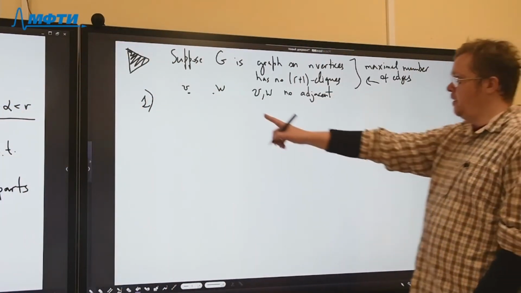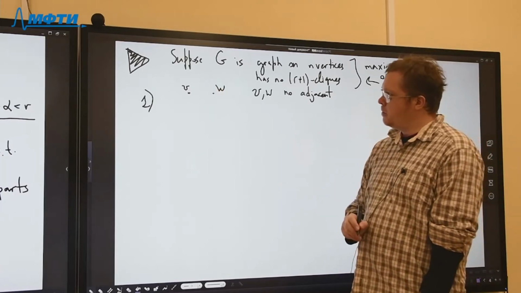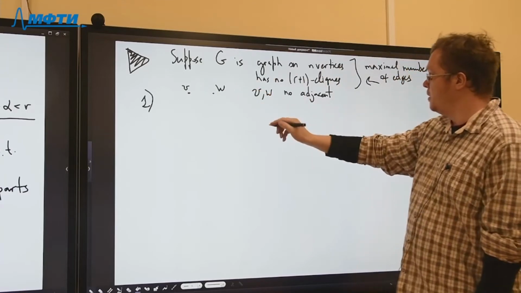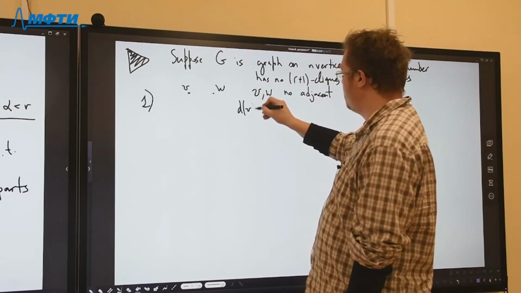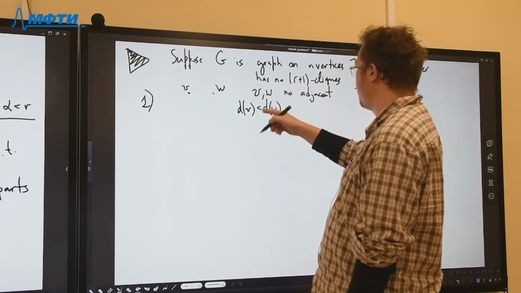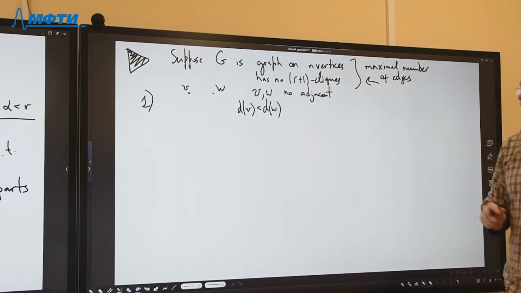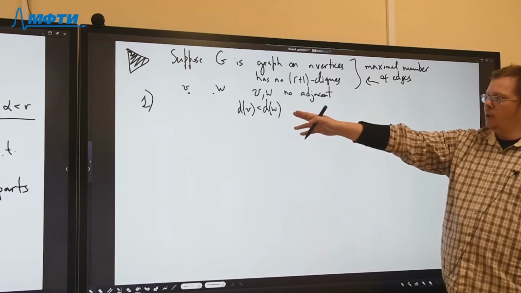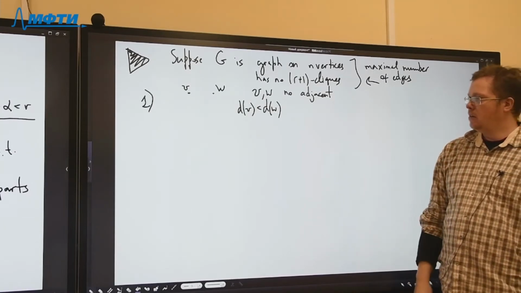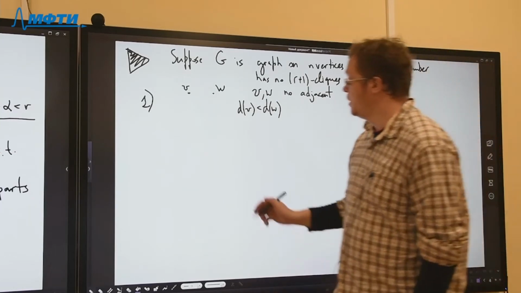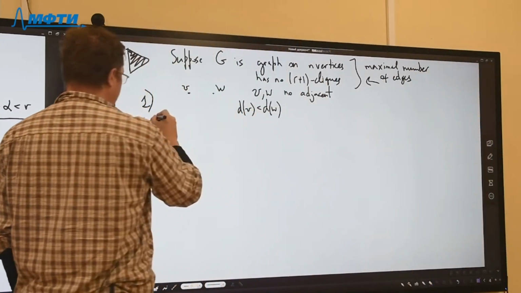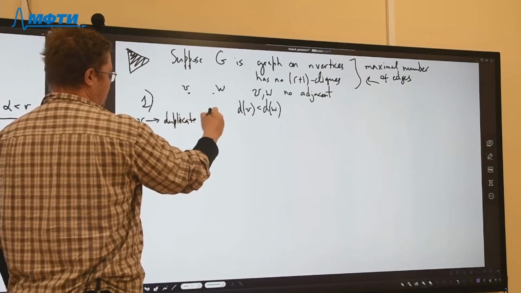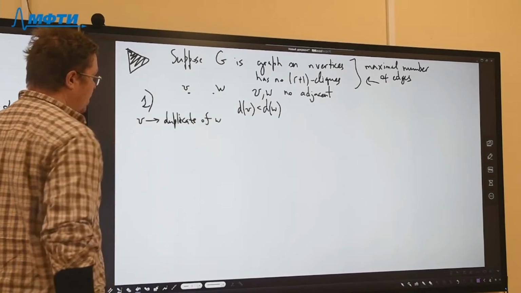This means if they have no edge between them, then we can look at the degrees, and if they have different degrees, then we can change V by a duplicate of the vertex W. What do we mean by duplicate?